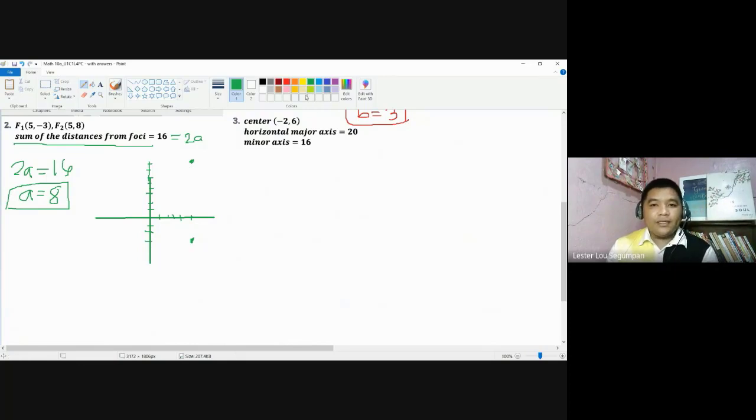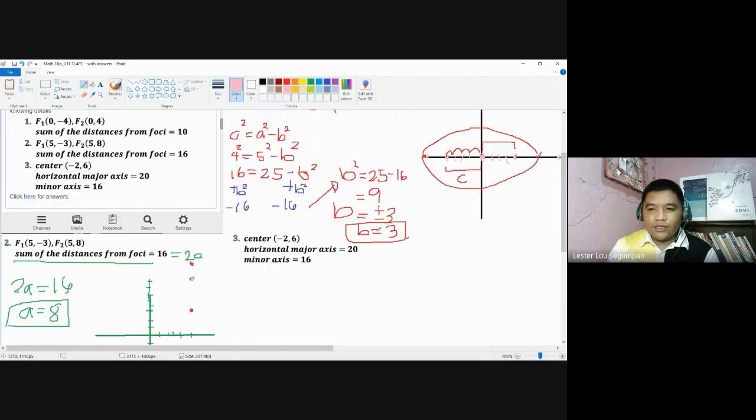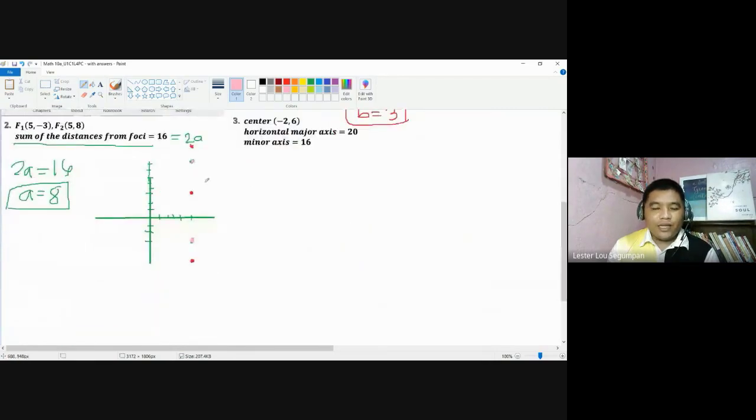It would mean that the vertices lie on the same line passing through this and the center as well. I'm going to use pink for foci. So the center is somewhere here. They should lie on the same line because that is the characteristic of the foci, the vertices, and the center.